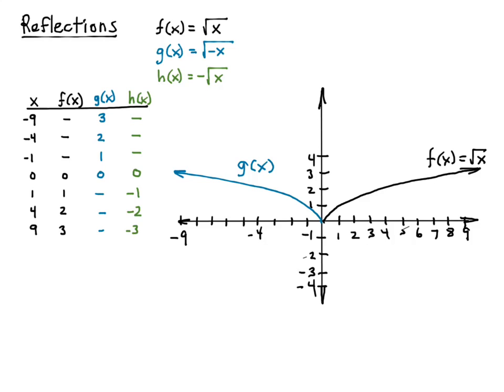So when I first assign a negative to my x, before I do anything with the function, I'm making a mirror image of it about the y-axis. Now if I first do my function and then take the negative of it, for h(x), what I'm doing is I'm reflecting it about the x-axis instead of the y-axis.